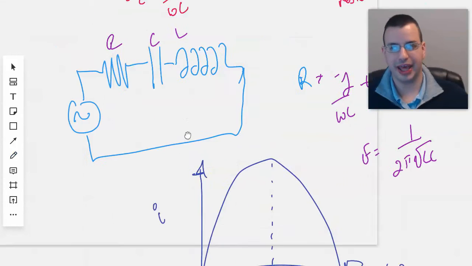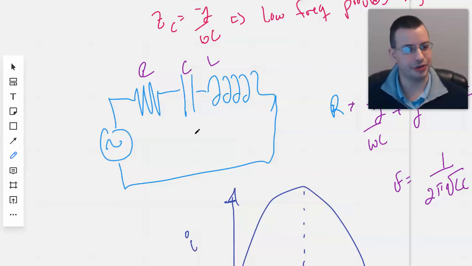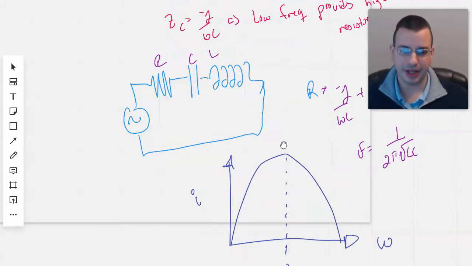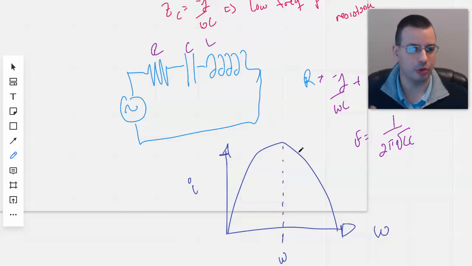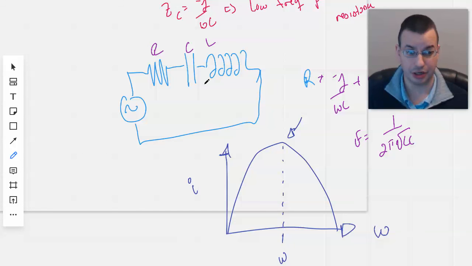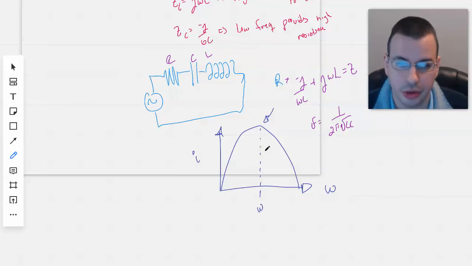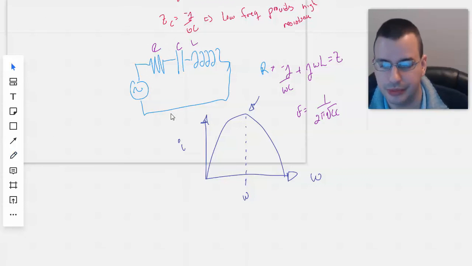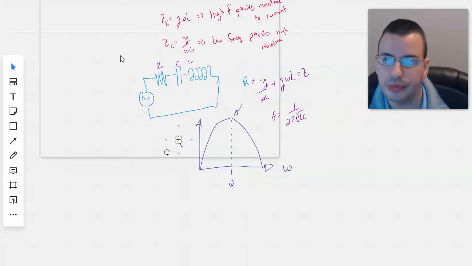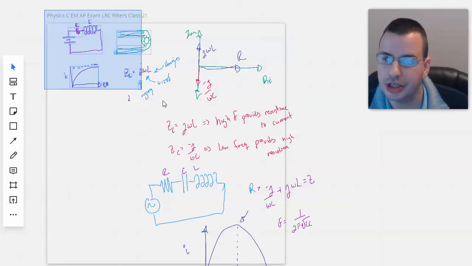So this would be a filter you could use to filter for one specific frequency. And depending on how your filter is set up, it'll be more or less precise. So you would have a predominance of a specific frequency that's passing through, which would be based on your inductor and capacitor. So then the other situation would be, let's see here, erase some of these guys.